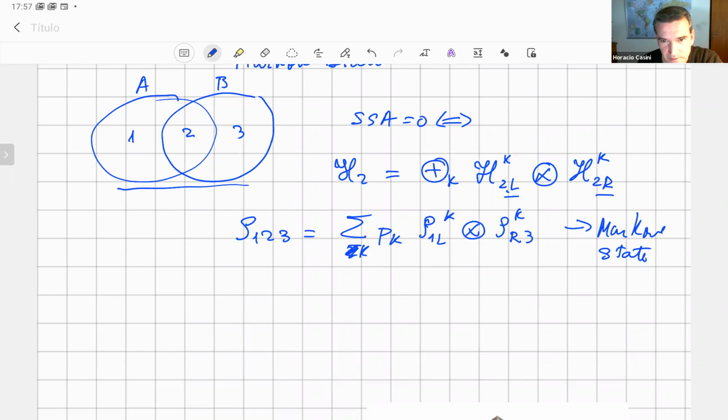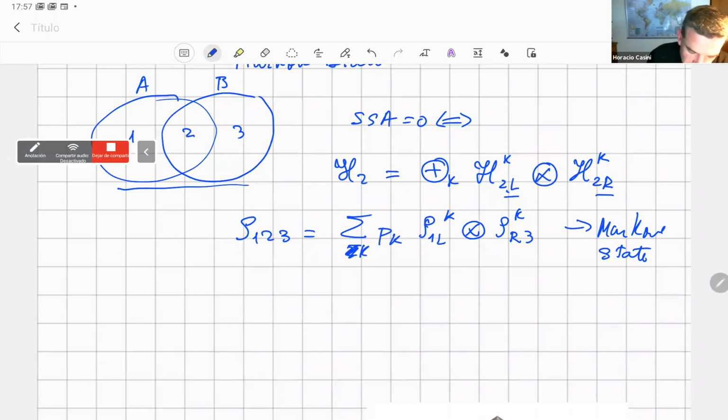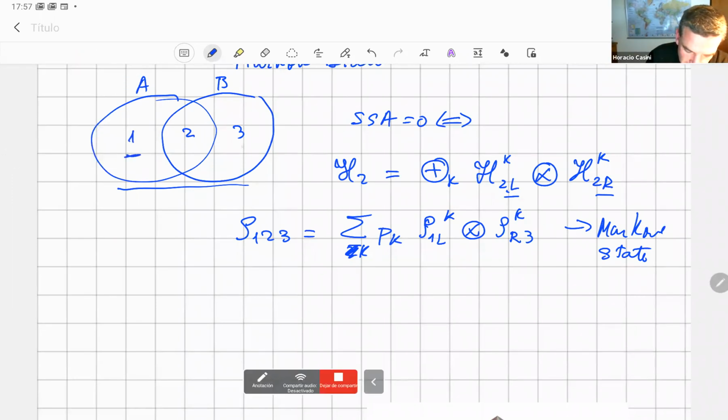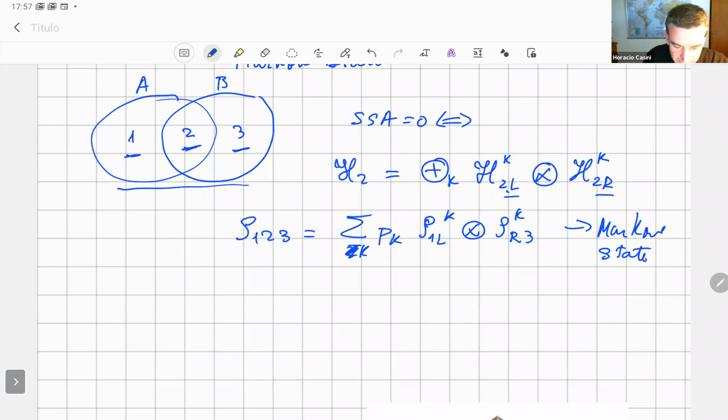In this case, it tells you that the relation between region 1 and region 3 is intermediated by region 2. Region 1 is correlated to 2 and region 2 is correlated to 3, and because they are both correlated to 2, they are correlated to each other, but through an intermediate in region 2. But I cannot answer exactly why one would expect this; it's difficult for me to say.